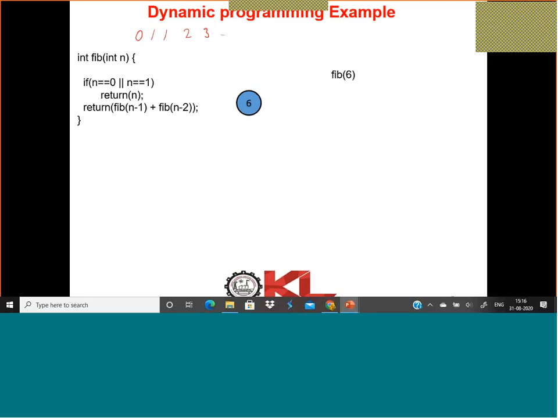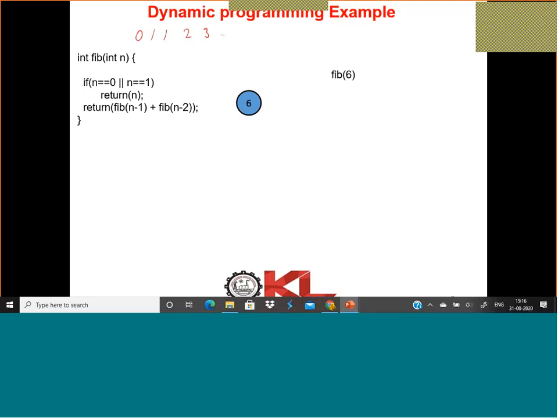I write a small algorithm here. If n equals 0 or n equals 1, then return n. Otherwise, return Fibonacci of n minus 1 plus Fibonacci of n minus 2. This actually comes under a divide and conquer model.